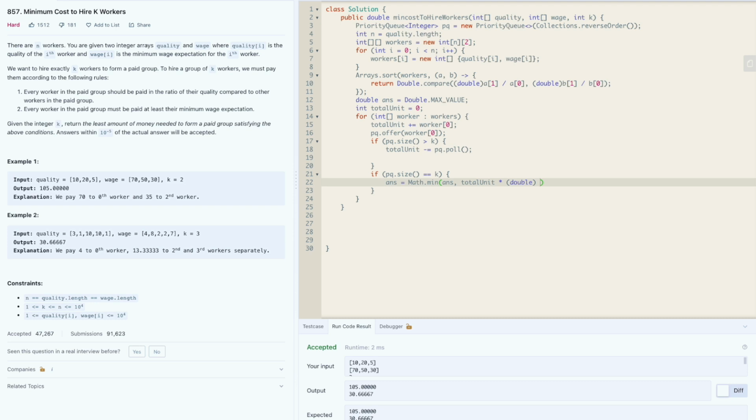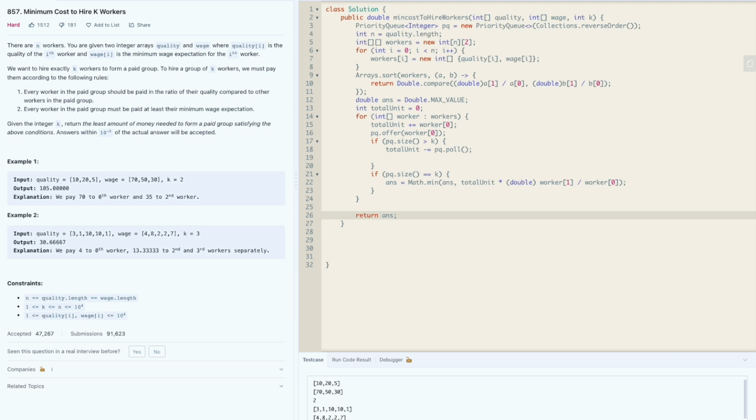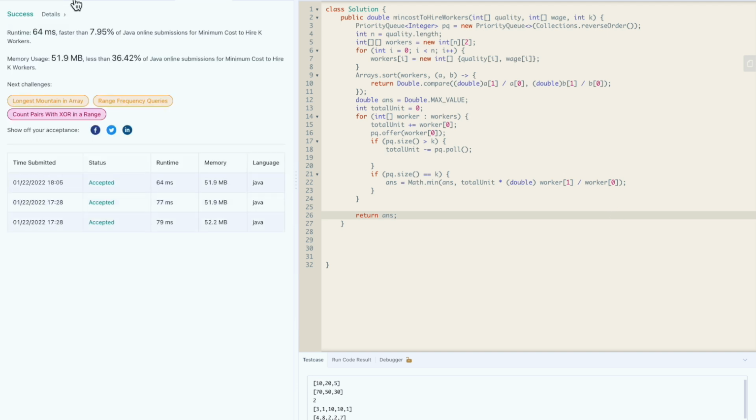That's wage, which is worker 1, divided by worker 0. Okay, and we just return my solution. Let's see if this will work. All right, perfect. Submit.